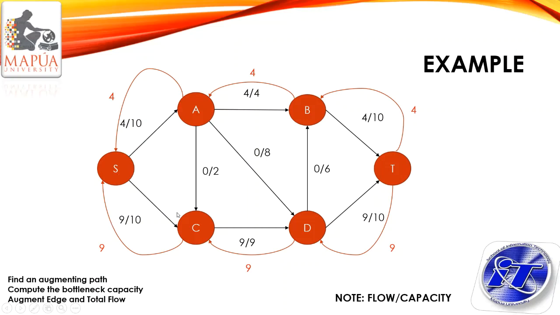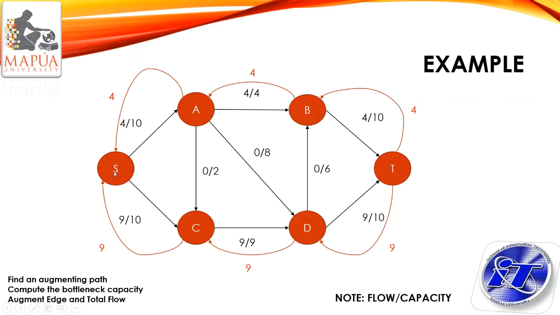From S to C, is there any path going to T? None. Am I right? Because we cannot choose C to D since all capacity are used. So there's no path going to T through C. So we cannot choose the last capacity from S to C.